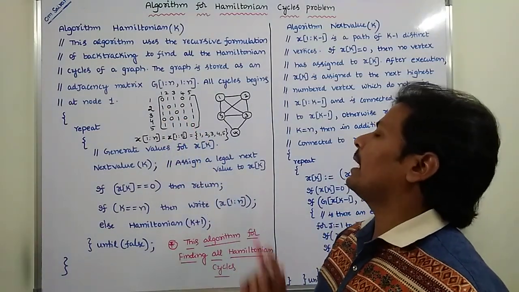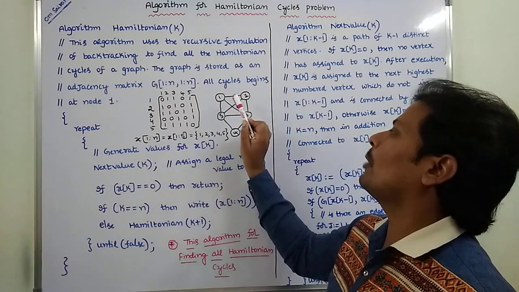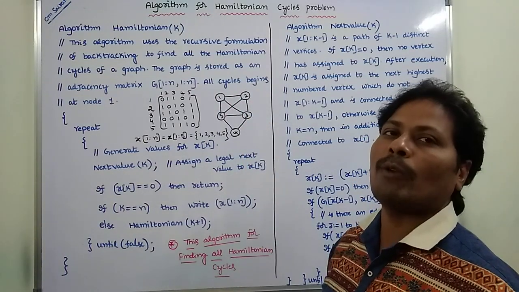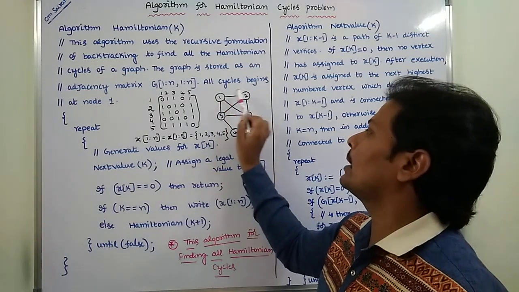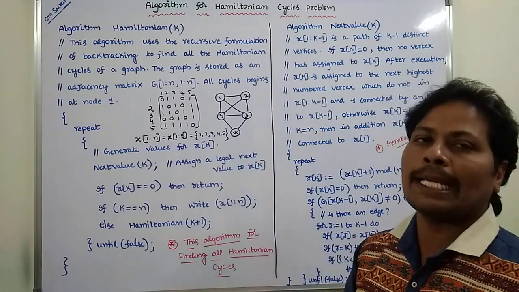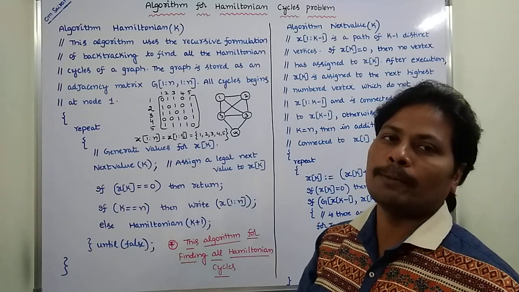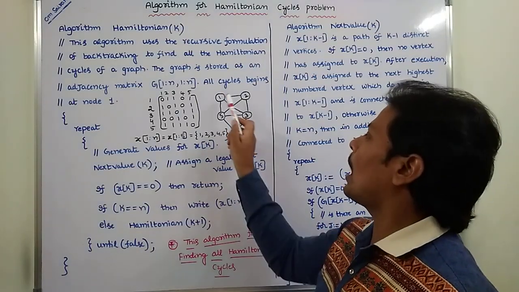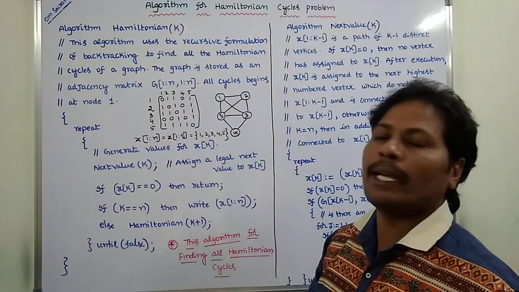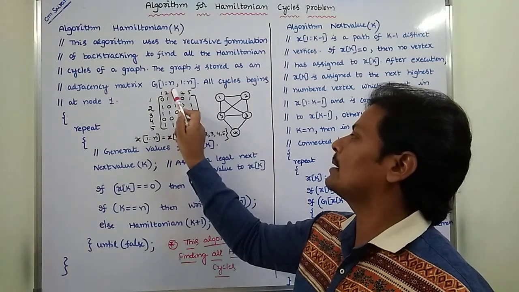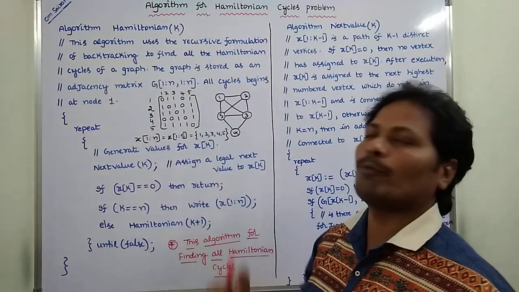Next, we can take this edge 1 comma 2. 1 and 2 are connected by an edge, so it is represented by the value 1. 1 comma 3 are connected by an edge, so for 1 and 3 the value is 1.